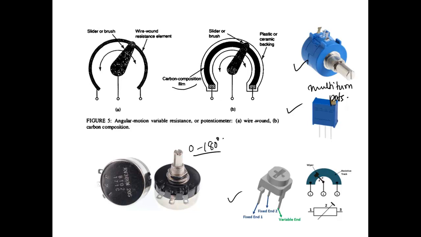Now these types of pots can be used in circuits where we want a variable resistance, and we can change the resistance according to our requirements by just rotating this screw here. Accordingly, it will change the resistance between the two ends. So this can also be used in circuits where we want to change the resistance without actually changing the resistor itself. So we have something called variable resistance pots.